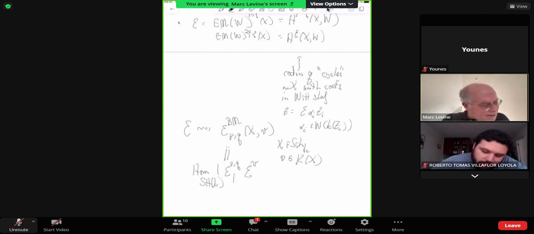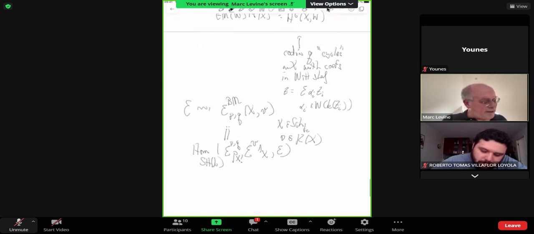You apply this to the unit on X. And then you take the p_X lower shriek of this thing, and you take the Hom of that into E. You know, p_X is your map from X to Spec K. And you have the usual push forward, and this is the exceptional push forward.